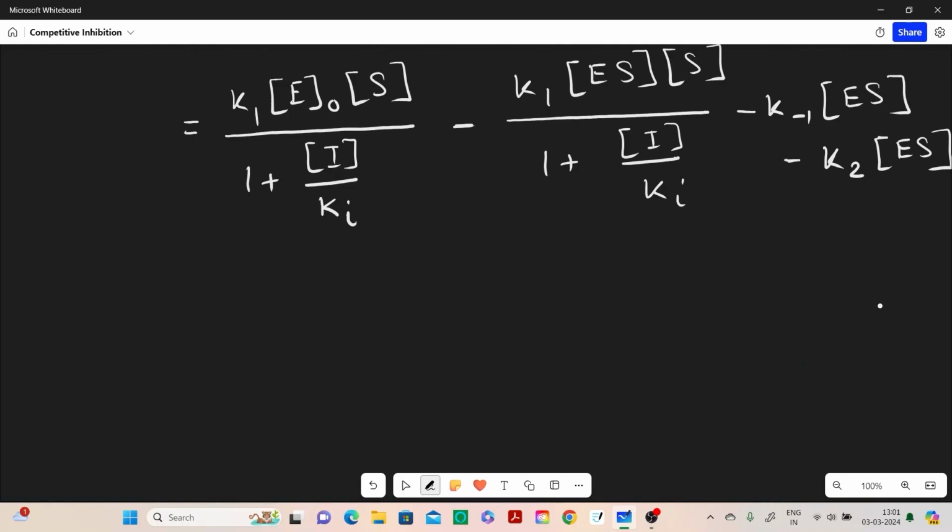So now what we will do is take ES common from these three terms.